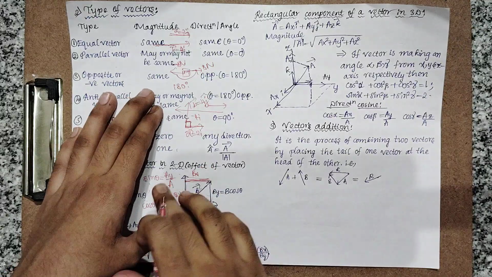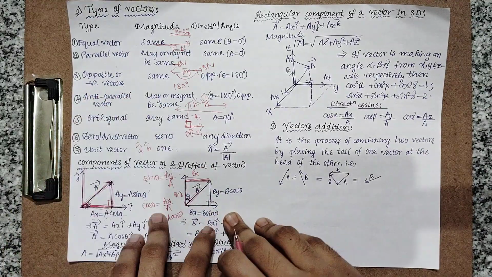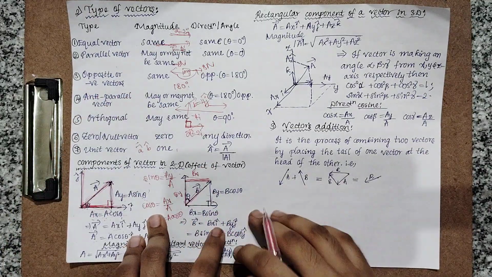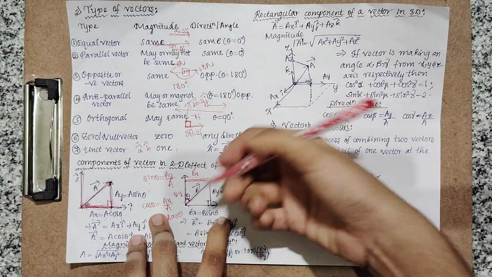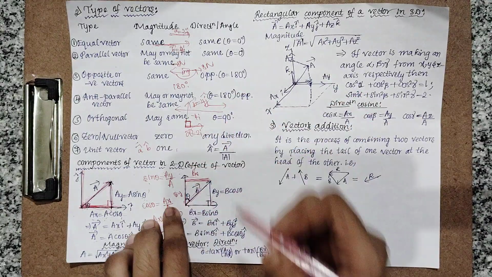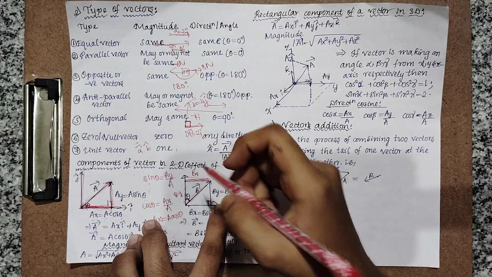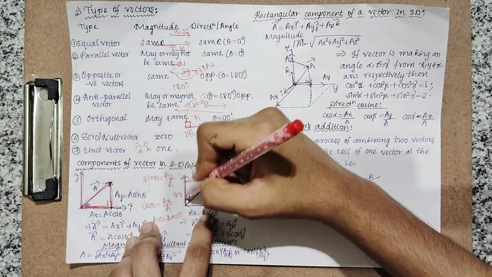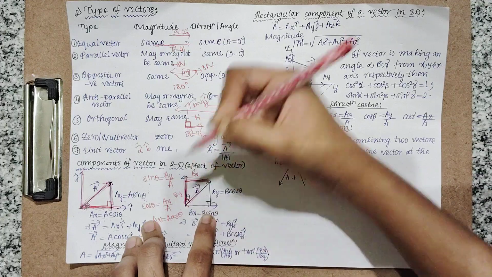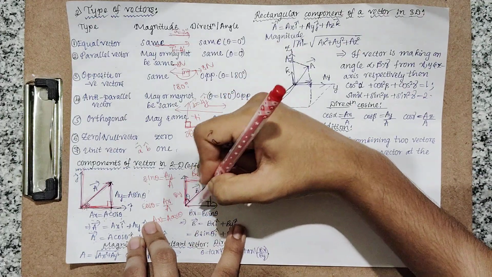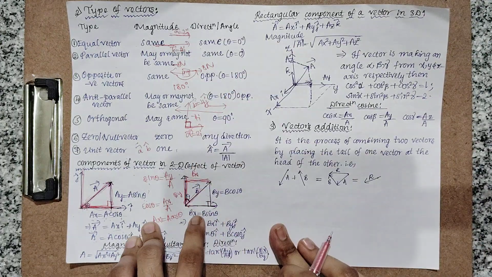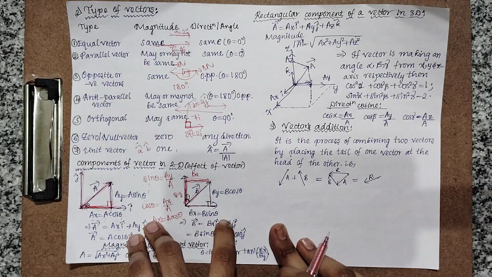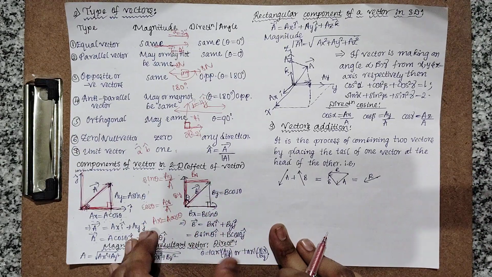By again applying the Pythagoras theorem, we get bx equal to b sin theta and by equal to b cos theta. Or else you can simply remember it like this: as this is your b bar and this is theta, this will be b cos theta, and the rest will be b sin theta. So bx is equal to b sin theta and by is equal to b cos theta.